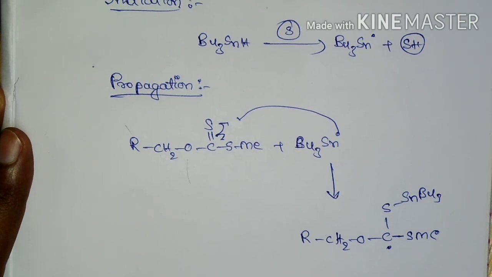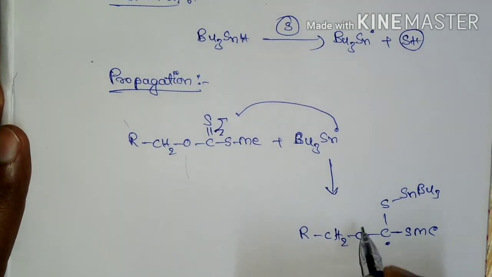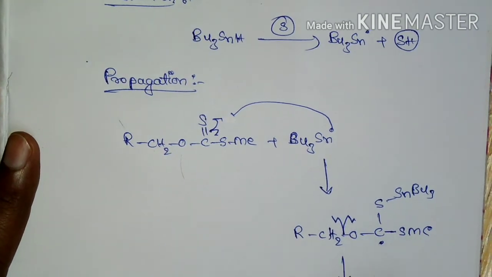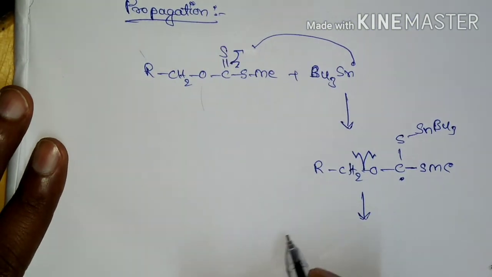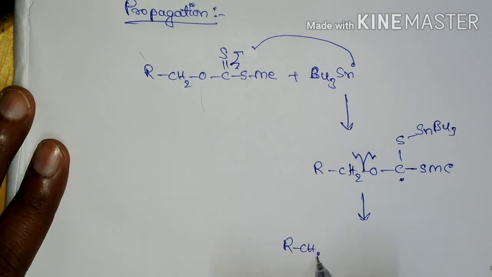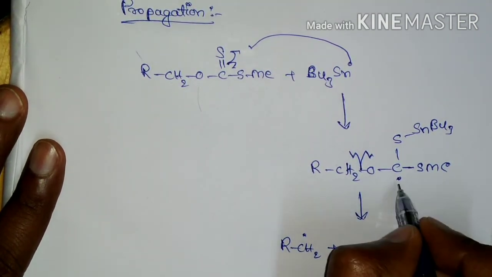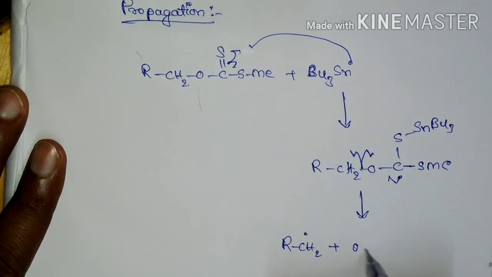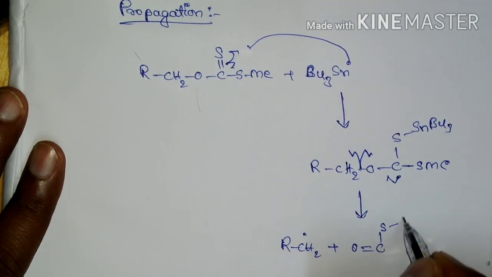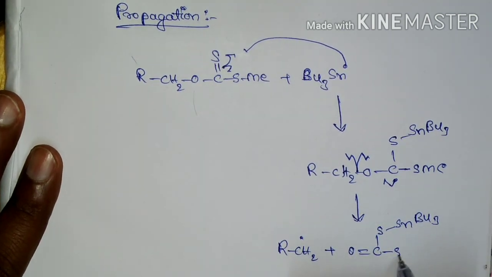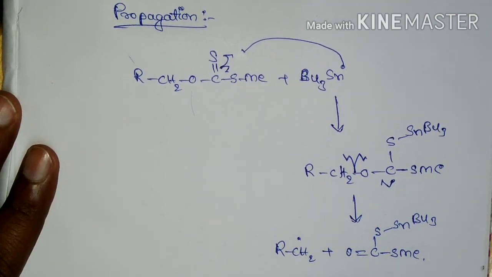Now this bond undergoes homolytic cleavage, and we get RCH2 radical plus, combining together, C(=S)(SnBu3)SMe.